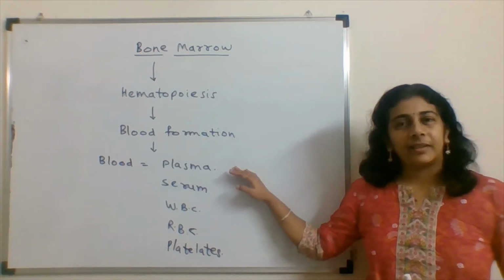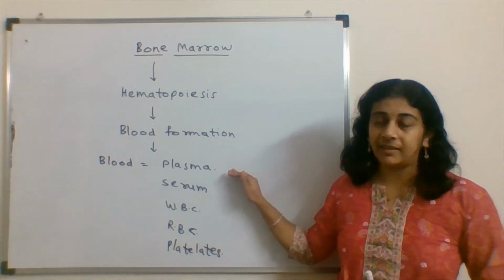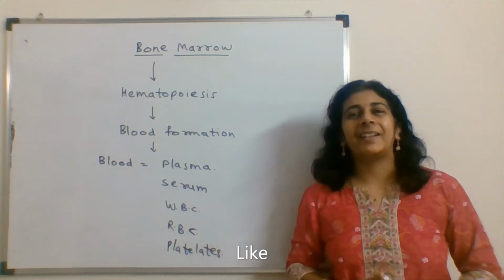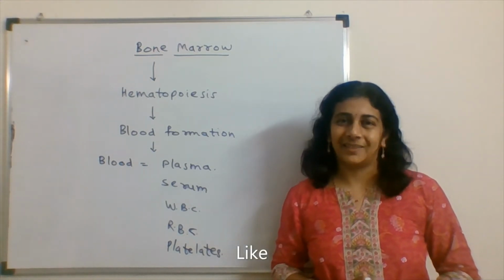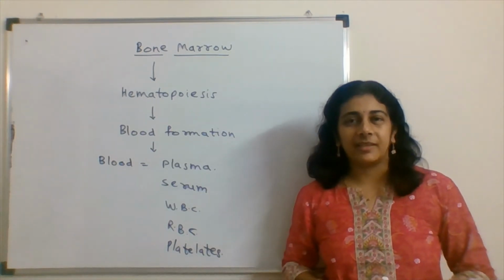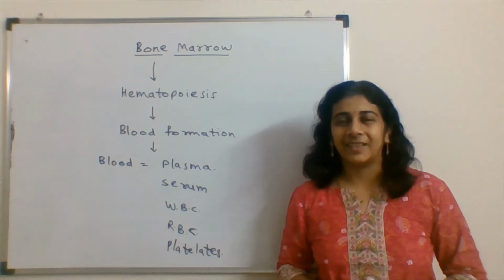When we say blood, what are the components of blood? Blood contains plasma, serum, WBCs, RBCs, and platelets. Plasma and serum have different proteins. WBCs are there for fighting against antigen.